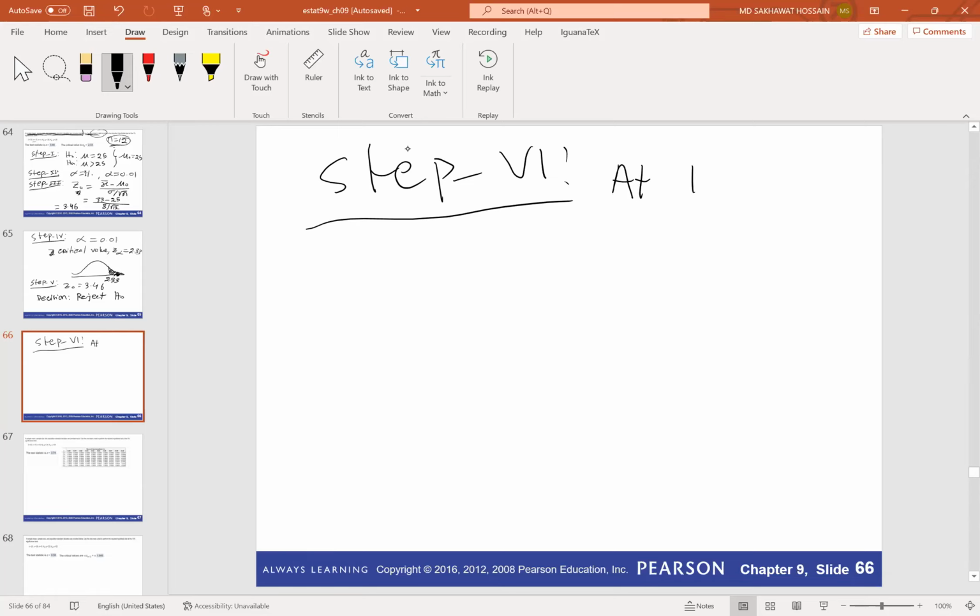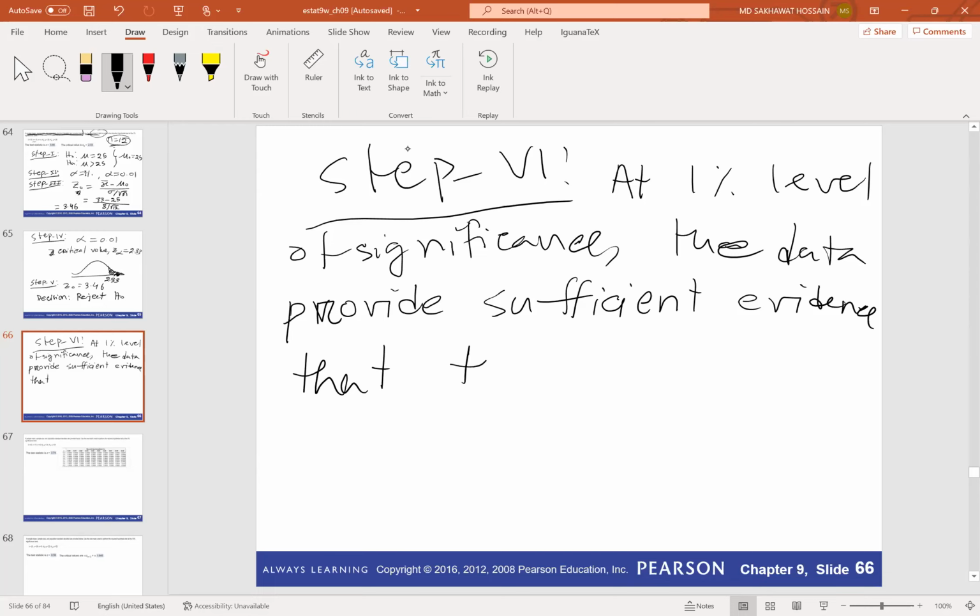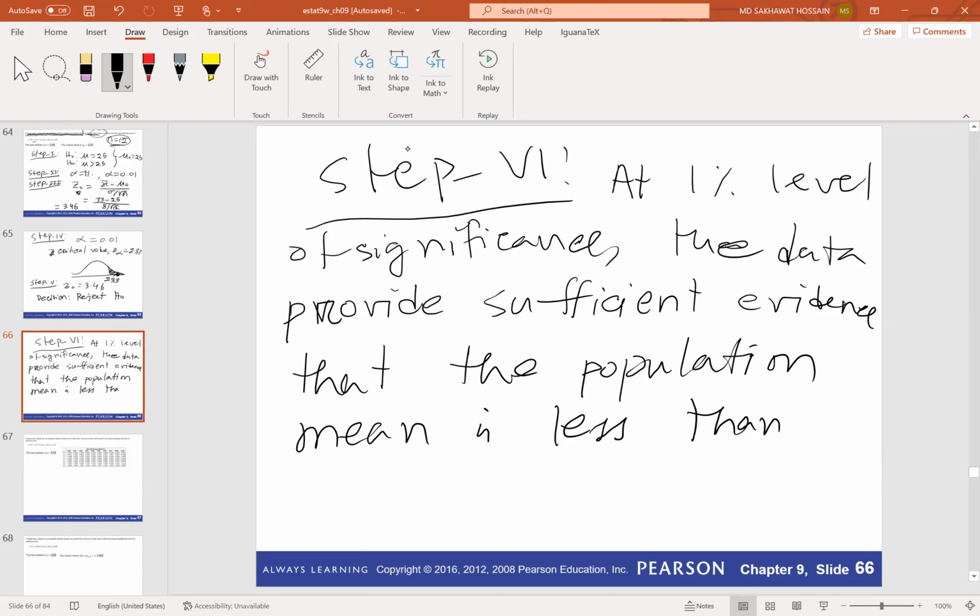At the 1% level of significance, the data provide sufficient evidence that the alternative, the population mean is greater than 25. So this is the interpretation of the results.